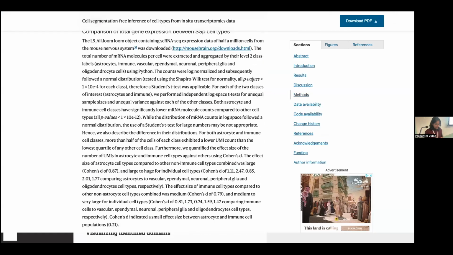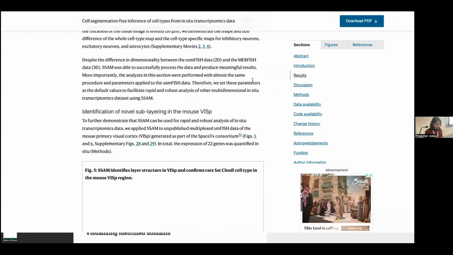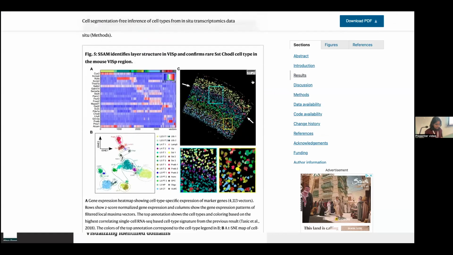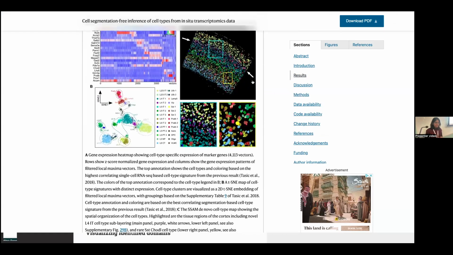Fictor and SSAM are segmentation-free methods. What do we mean by segmentation-free methods? They look at your gene counts, your expression values, and there is a moving kernel, and they smooth things out.